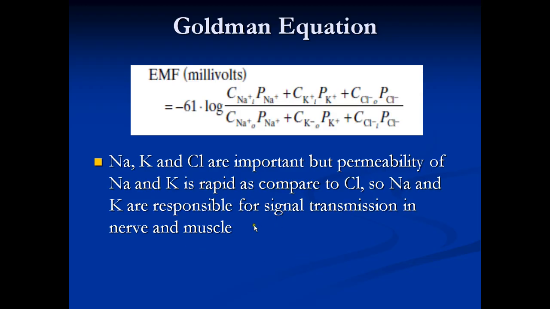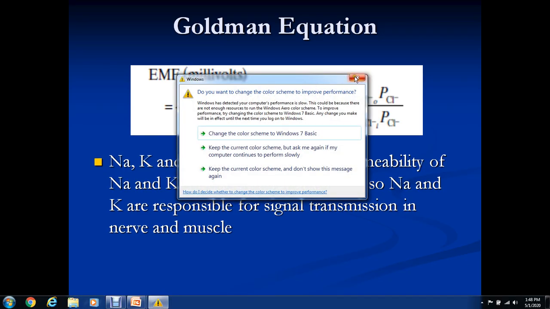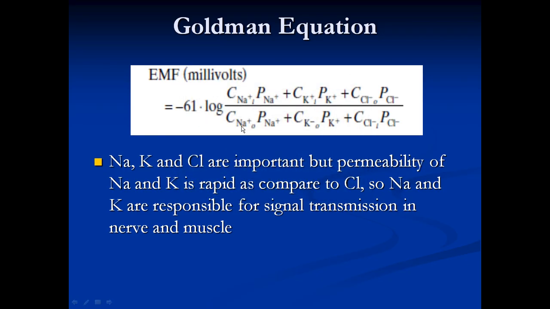Now here is the Goldman-Hodgkin-Katz equation. Electromotive force equals minus 61 log of the concentration inside divided by the concentration outside, with the permeability inside divided by the permeability outside. So whatever the membrane potential of a particular cell is, it depends upon sodium, potassium and chloride.